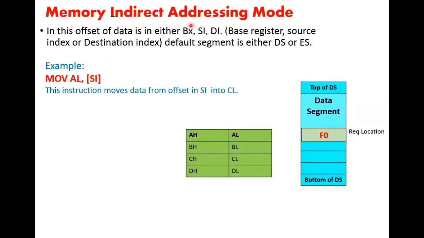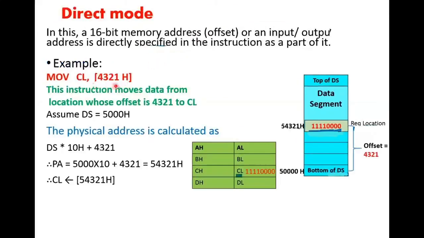This type of addressing mode is called indirect addressing mode. In this addressing mode, the offset is in any one of these registers: BX, SI or DI. These registers hold the offset value. If that offset value is given directly, then it is called direct addressing mode.